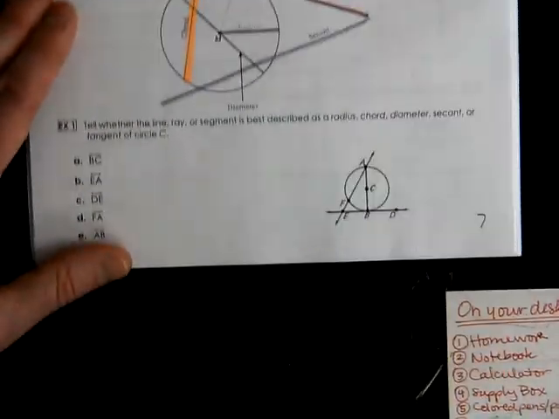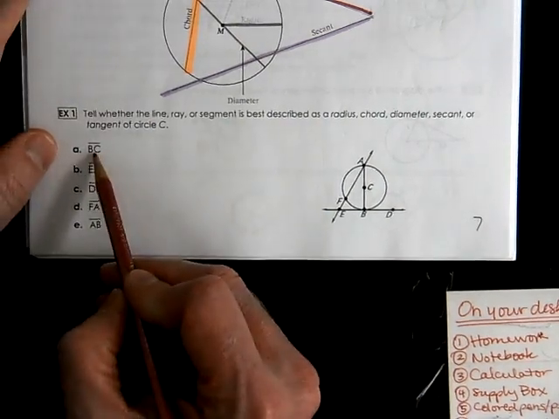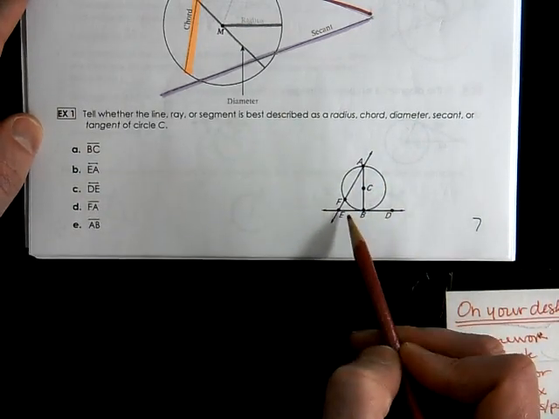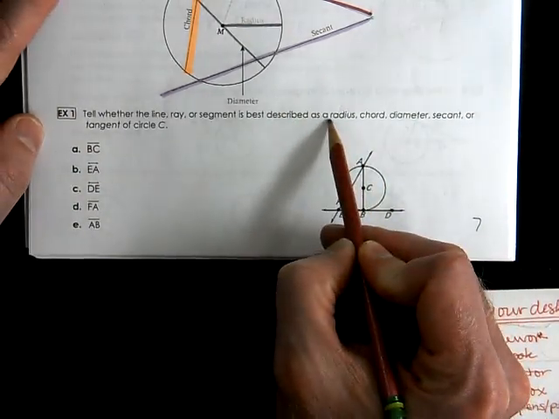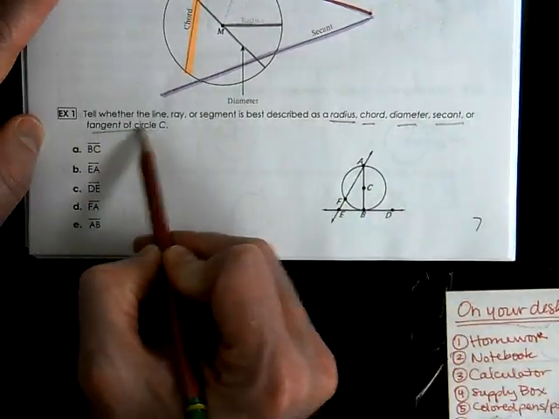So we come down here to this figure and we look to see in terms of matching. BC, segment BC, which one does it match up with here? We're looking for words like radius, chord, diameter, secant, or tangent.